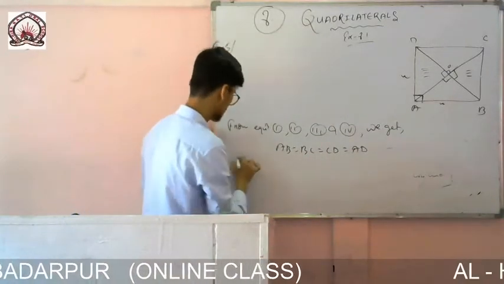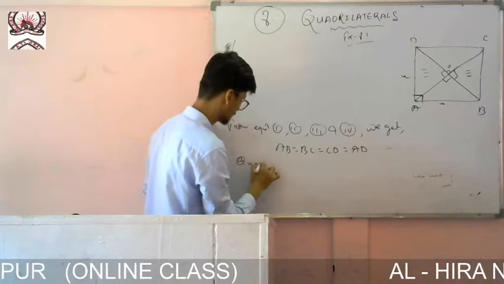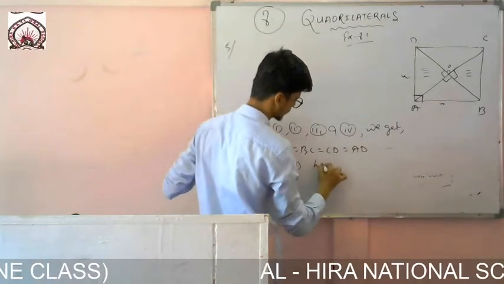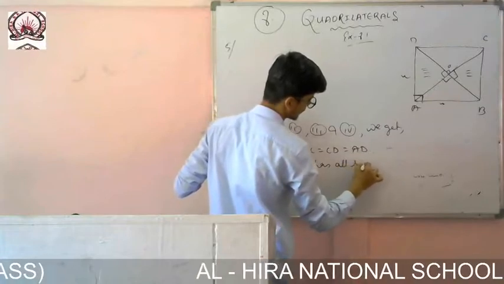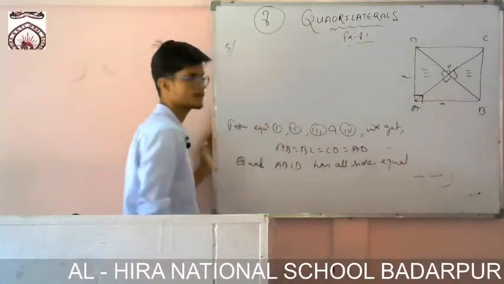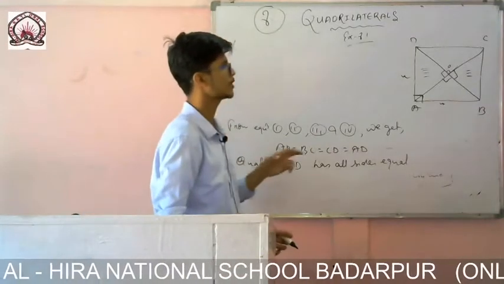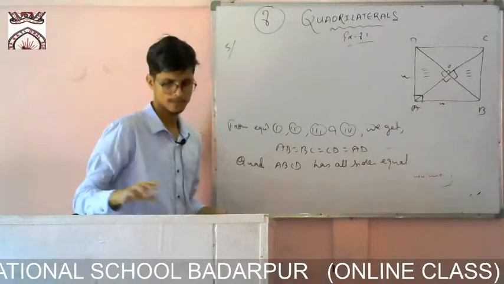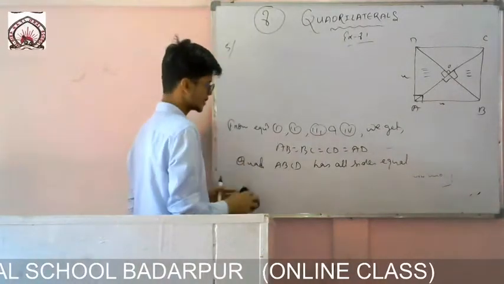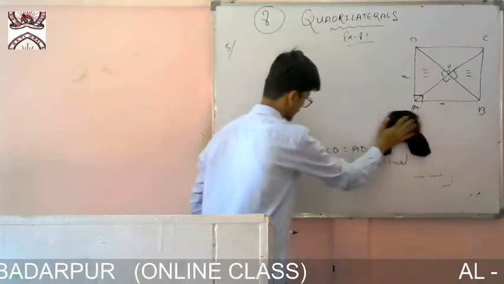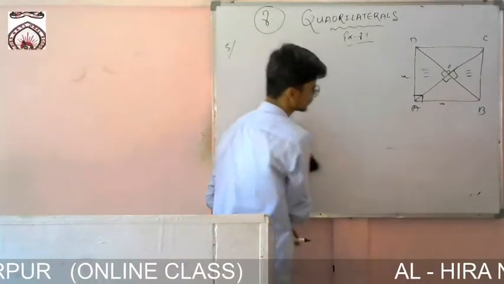So you write like this. After that you write therefore quadrilateral ABCD has all sides equal. So equal sides doesn't mean it is a square, it may be a rhombus. So I have to show that each angle is equal to 90 degrees. So that means it will be a square. Okay. So up to this much, quadrilateral ABCD has all sides equal. So after that you go to the next part.